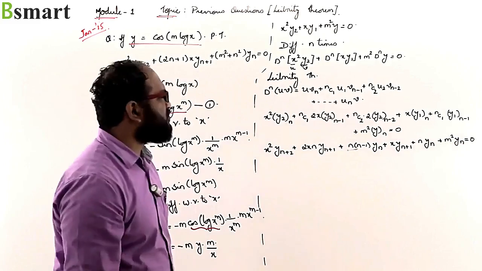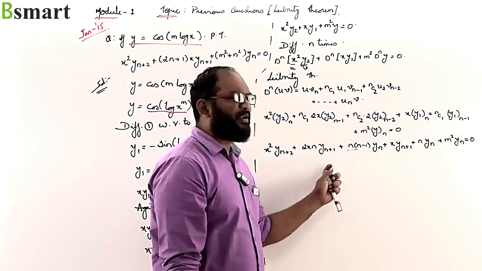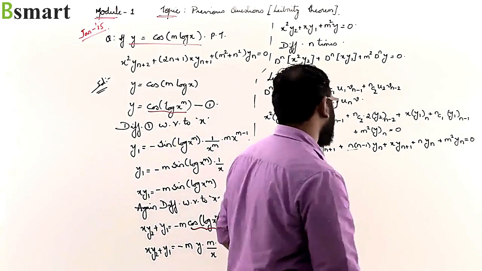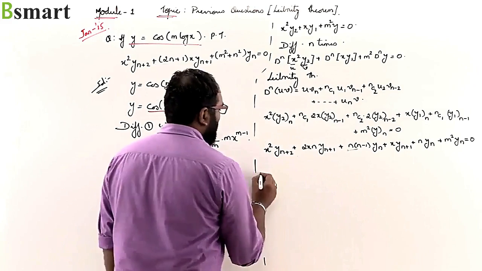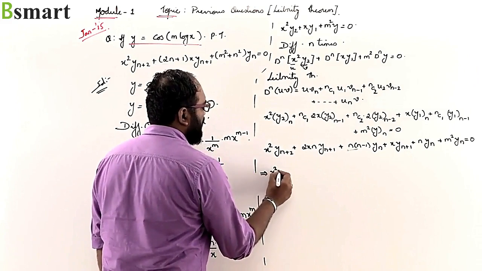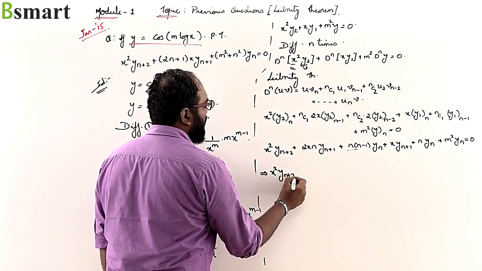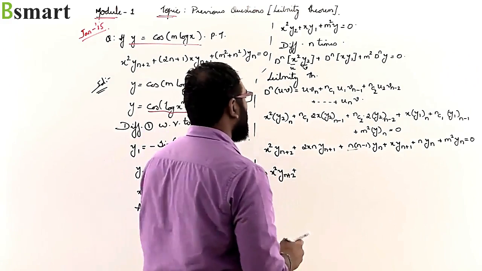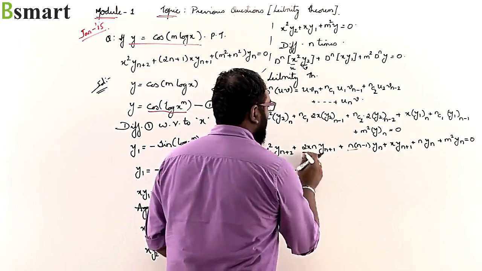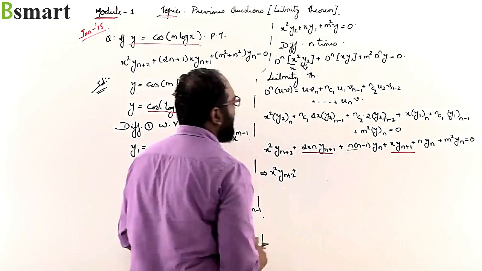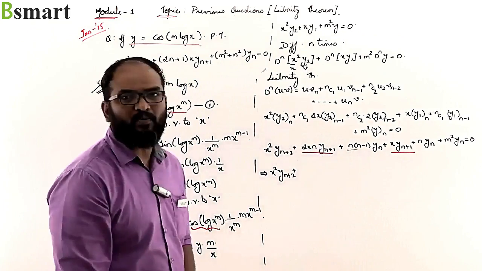Now arrange the terms, bringing all yn plus 1 terms and yn terms together. So then that will be x square into yn plus 2 plus, now from both of these terms, can I take out x into yn plus 1 common?